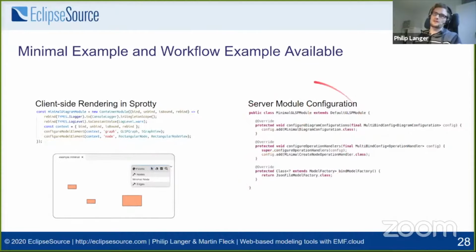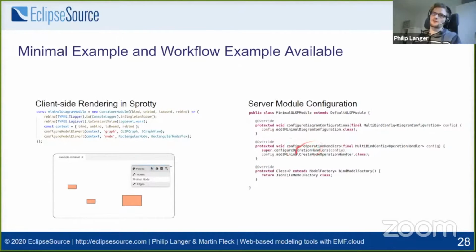And on the right-hand side, you see the corresponding server module configuration, which is based on dependency injection, where you can configure the diagram, for instance, with things like which element types even exist in this diagram. So they correspond then to this node and graph here on the left-hand side.